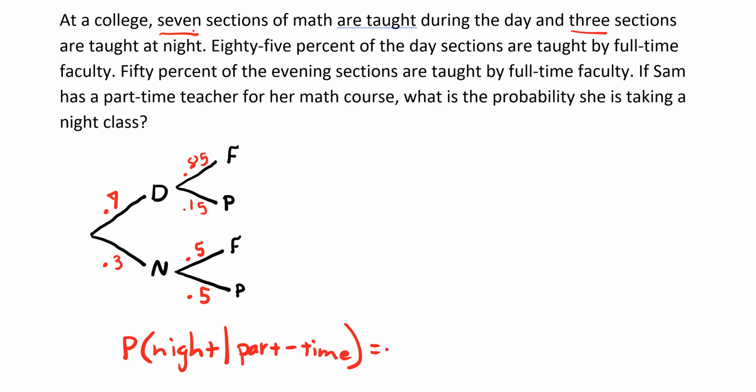So we need to find the intersection of night intersecting with part-time and divide that by part-time. Well, I can find the intersection of night and part-time. The intersection of night and part-time is the branches that combine, N and P, and I multiply those together.